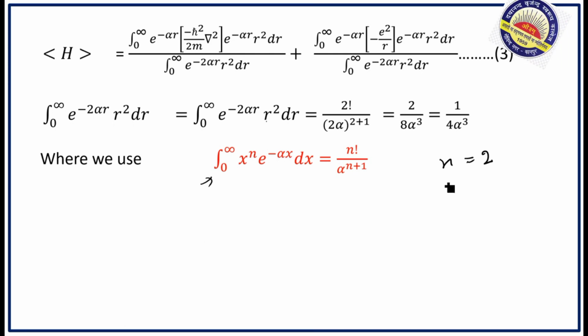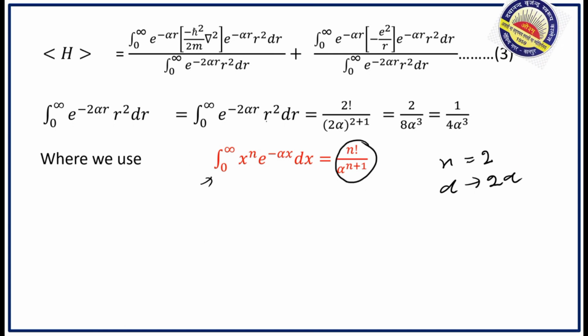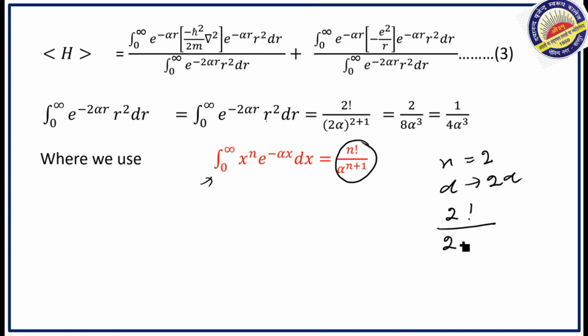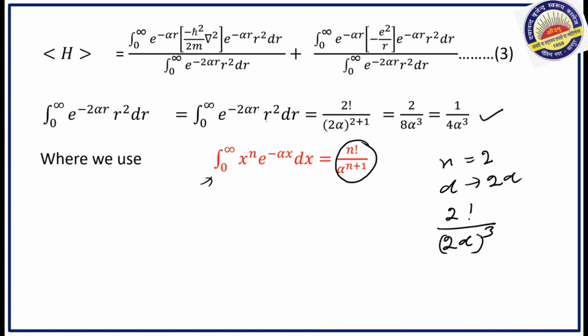So alpha is replaced by 2 alpha. The formula is n factorial upon alpha to the power n plus 1. That means 2 factorial upon 2 alpha to the power 3. 2 factorial means 2 upon 8 alpha cubed, or 1 upon 4 alpha cubed. This is the value of the denominator in both terms.